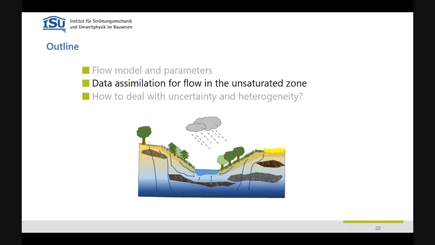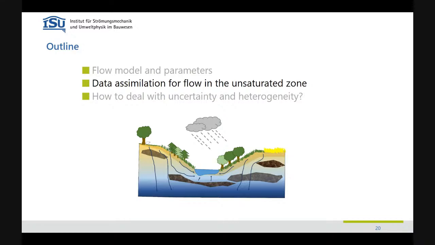And now we want to use these models and do that in the framework of data assimilation. Now I want to say something about what I mean by data assimilation. In general, I mean that I want to reduce a model error or model uncertainty by taking observations into account.